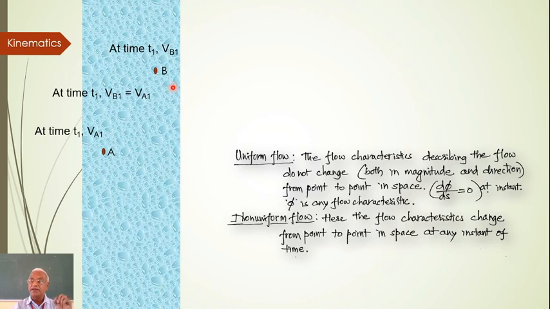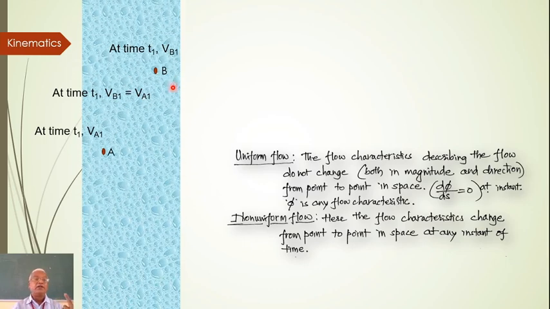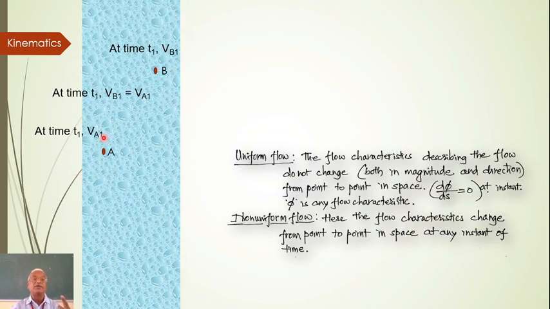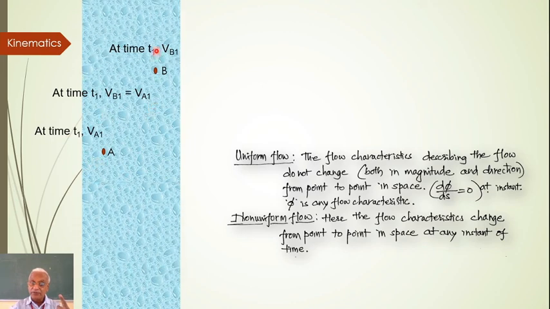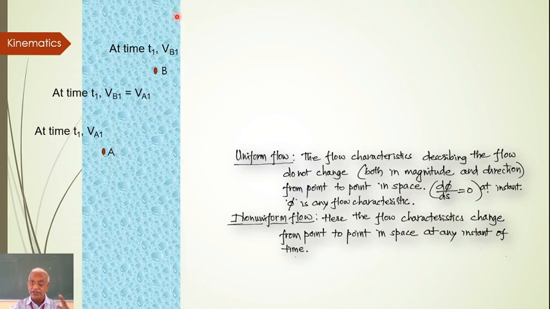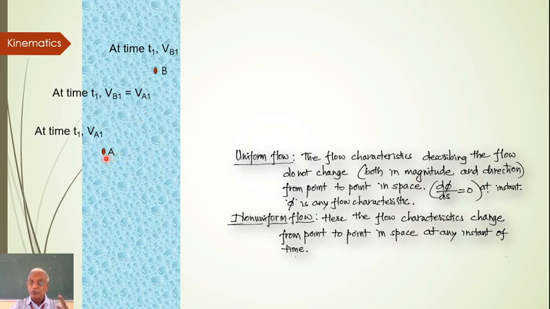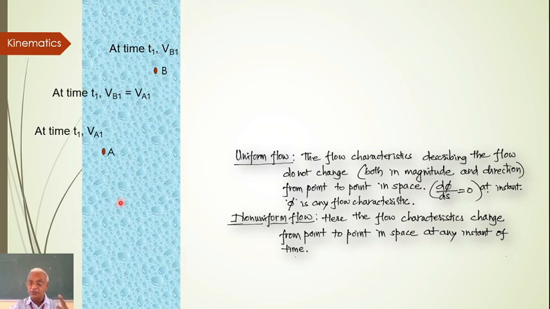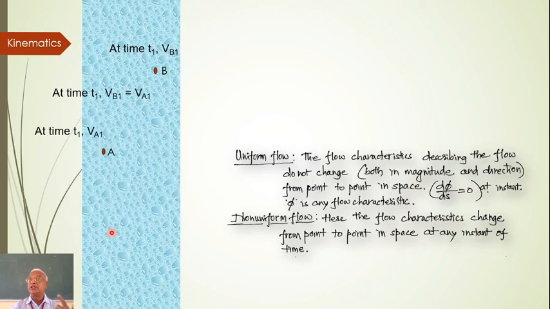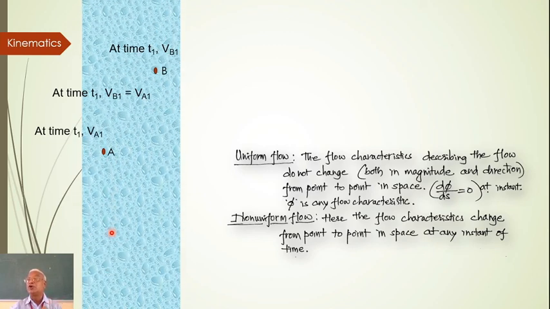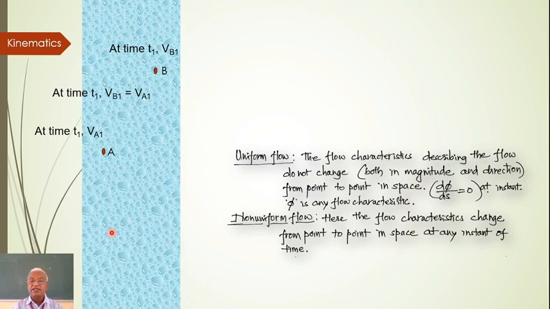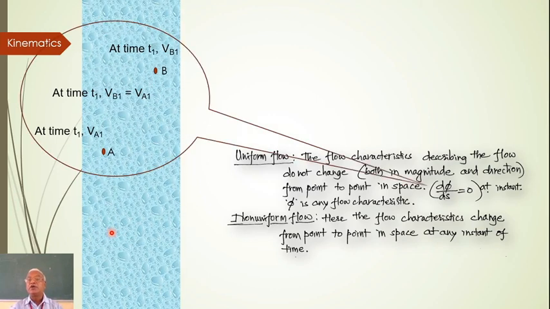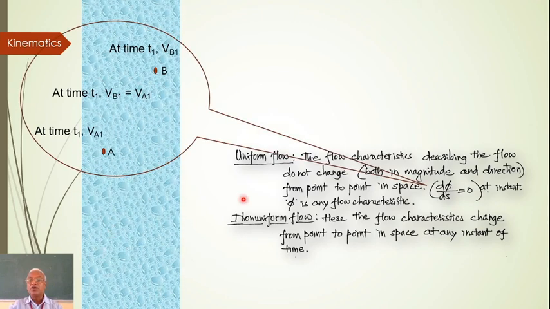In the sense, at 12 o'clock the velocity at A is 5 meter per second, velocity at B is also 5 meter per second in the same direction. Means if you compare the velocity over here and over here, it is not changing. Point to point, if you go on changing here and there in space, the velocity is not changing. Means fluid characteristics are not changing. It is remaining the same, right? In such a case, we say that it is uniform flow.